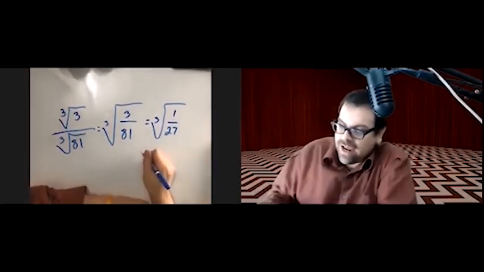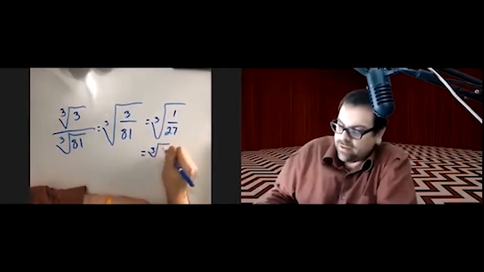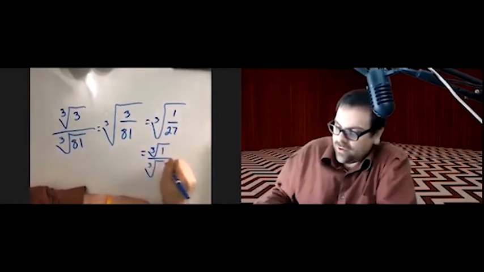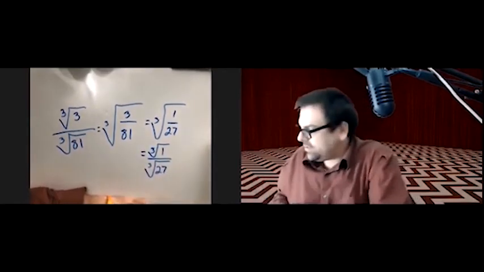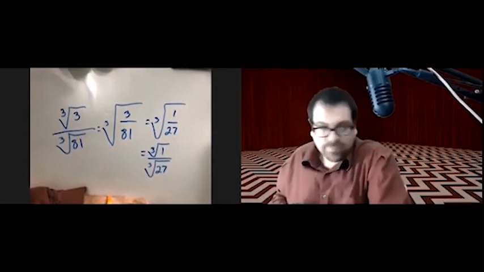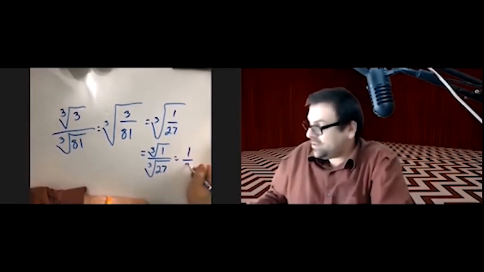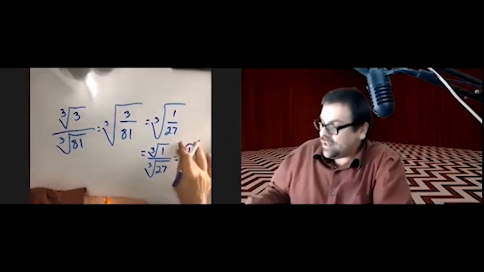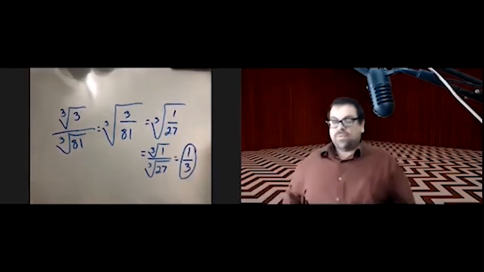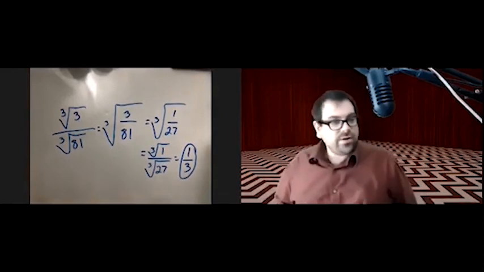And guess what? Now we can re-split it. Cube root of 1 over the cube root of 27. Cube root of 1 is 1. Cube root of 27 is 3. So this is actually 1/3.